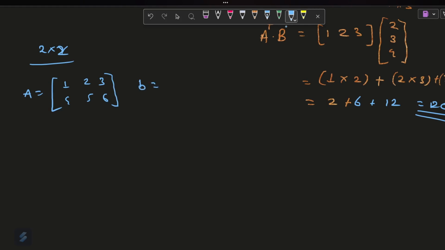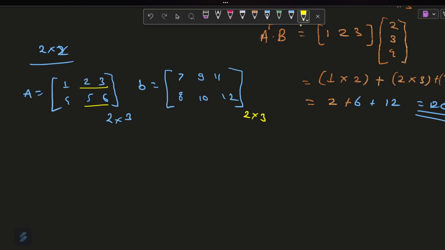Similarly, we have matrix B: 7, 9, 11, and 8, 10, and 12. A 2 by 3 matrix means two rows and three columns, and this one also has two rows and three columns.